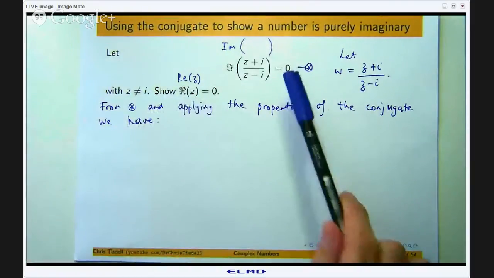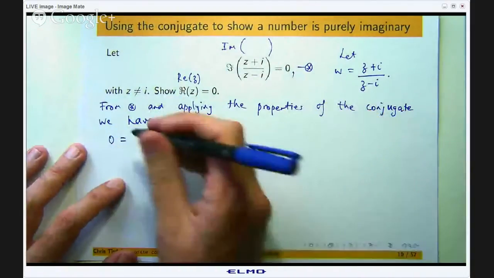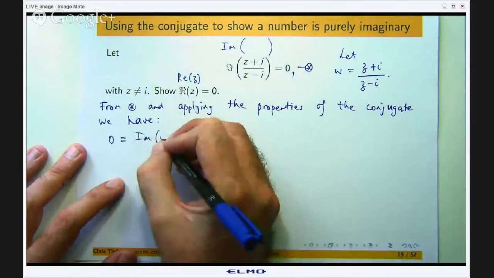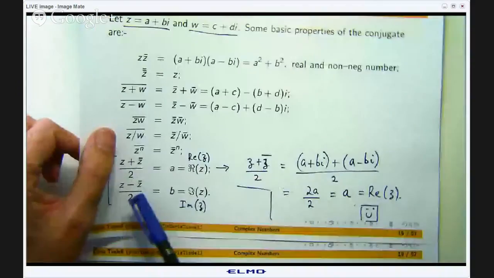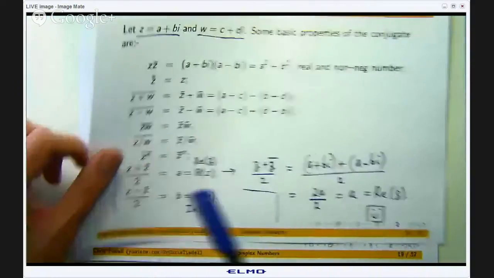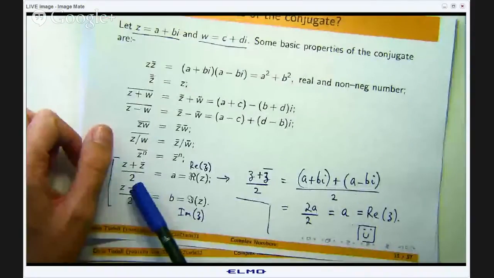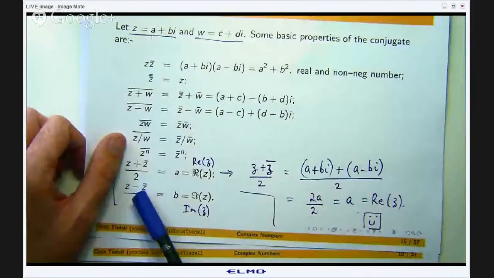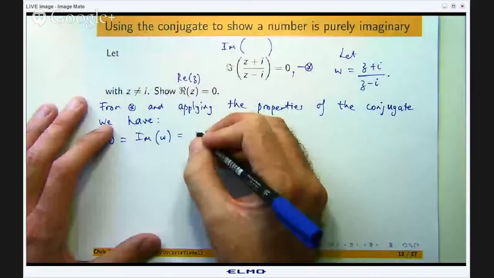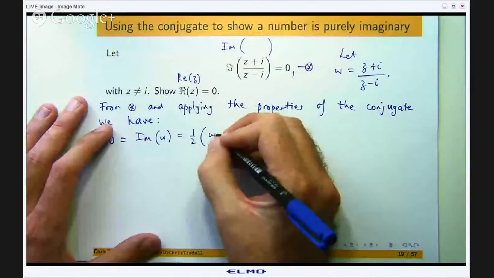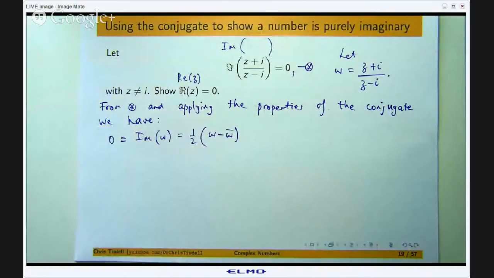So 0 is the imaginary part of w. And we know from this identity here, just with z and z bar replaced by w, the imaginary part is just (w - w bar) all over 2, or just a half of w minus the conjugate, w bar.